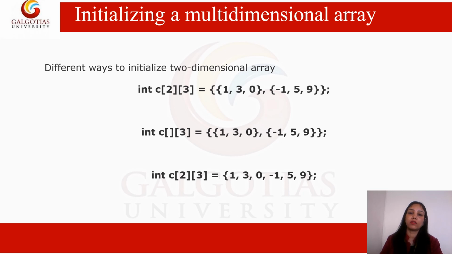So how will it store in memory? Row by row, meaning the first 3 elements are for the first row and the next 3 elements for the next row. So these are the 3 ways in which you can initialize your 2D array. You can use whichever you want, and all 3 methods are correct.